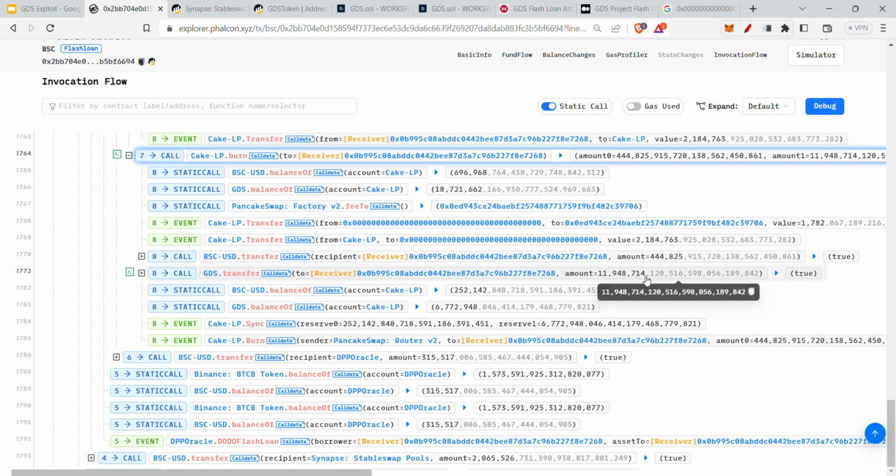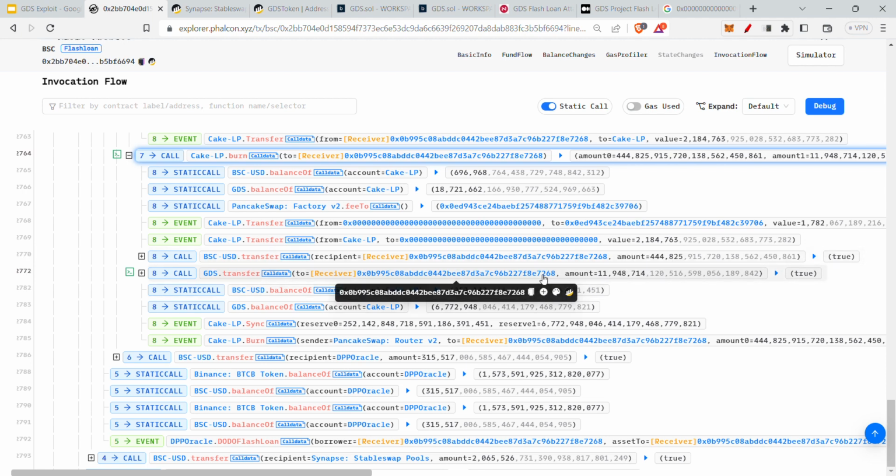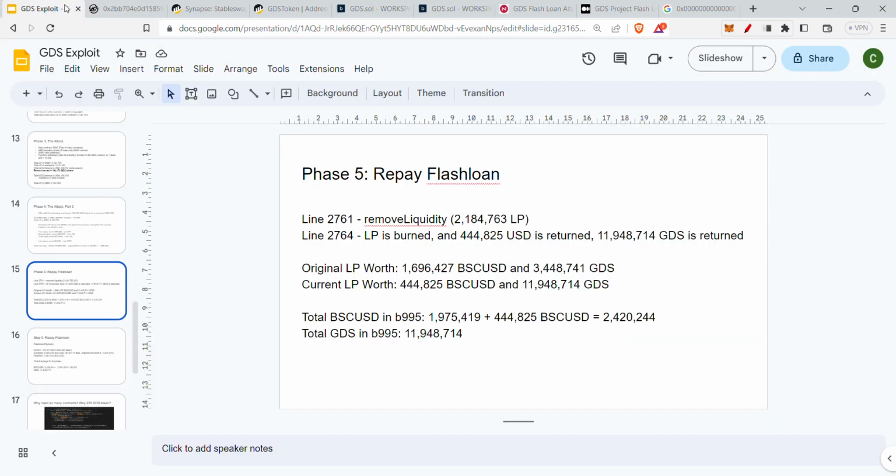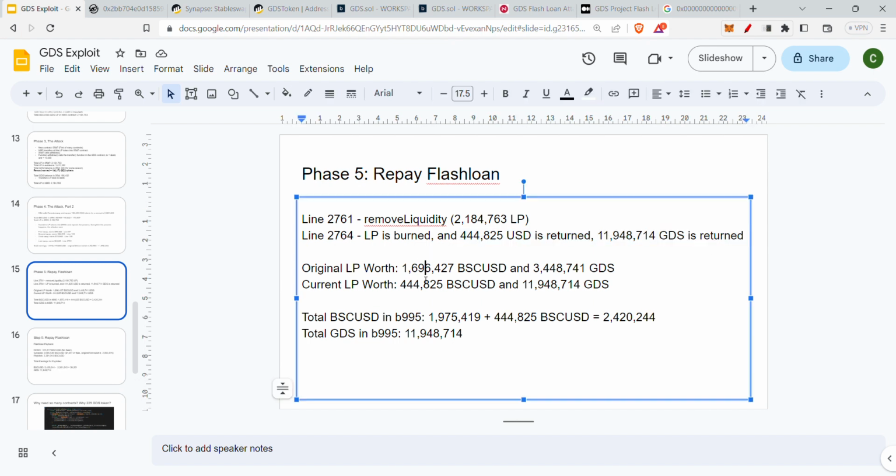It's quite different from the original 1.7 million USD and 3.4 million GDS, right? So because the liquidity pool has changed, there's a lot of GDS inside and very little BSC USD inside. He burns the 2 million LP tokens and he gets back this amount. Originally is this.